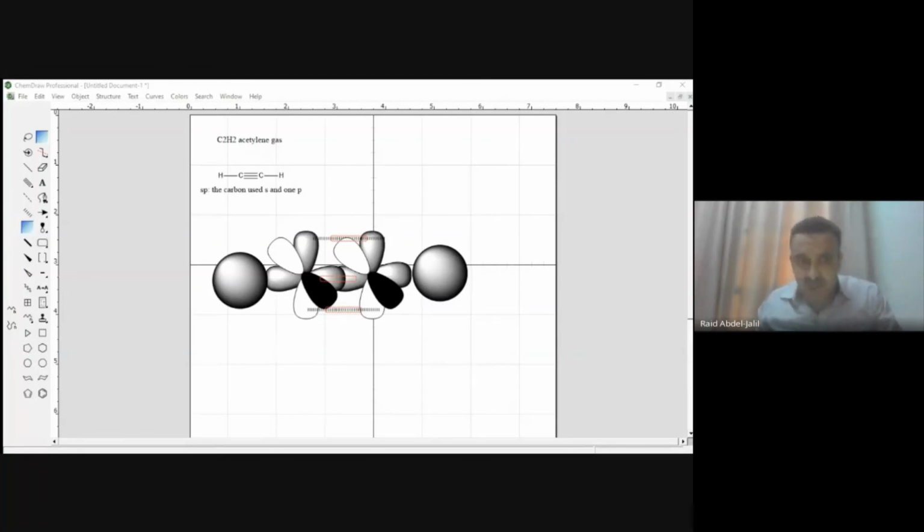You can see this line and this line, both of them are only 1 pi. The same thing with the interaction between these two loops and these two loops above the plane and below the plane, we call that pi. So the total number of bonds in acetylene is 2 pi bonds and 1 sigma. Is that clear, Mazen?